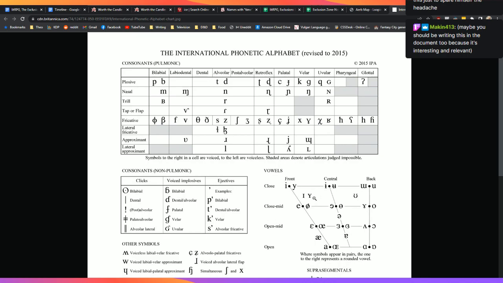So if we had different shaped mouths, or if we had little horns we blew, or if we blew our nose as part of our speech, this IPA alphabet is just for humans, right? You can just read the names here. Bilabial means two lips. Labiodental means you use your lips and your teeth.